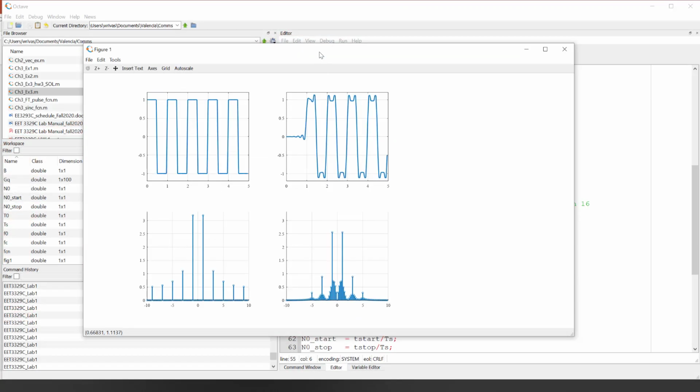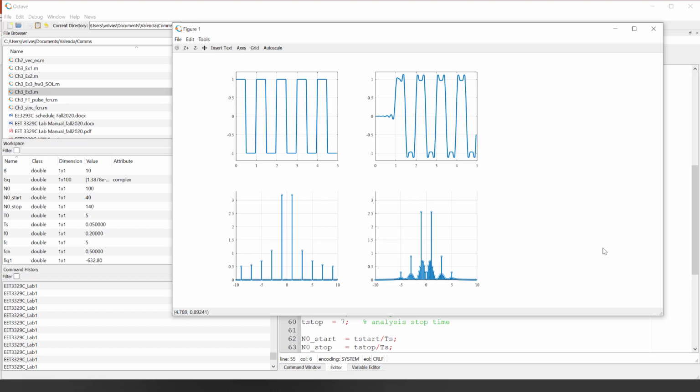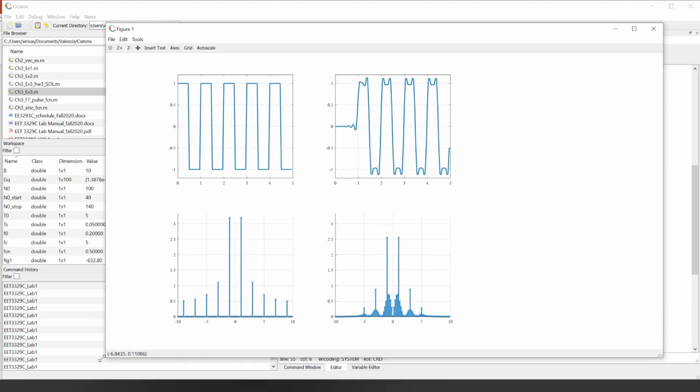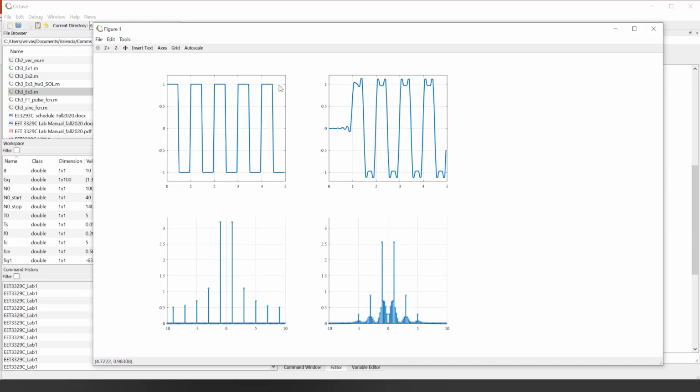All right, so there's more to come in this example. That's why there's some white space here. But let me see if I can stretch this out for you guys a little bit more. There we go. So upper left hand side of here, that's our square signal. You can see its duration is five seconds, right?